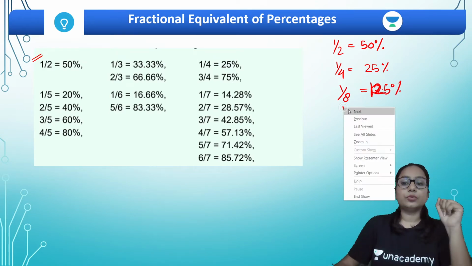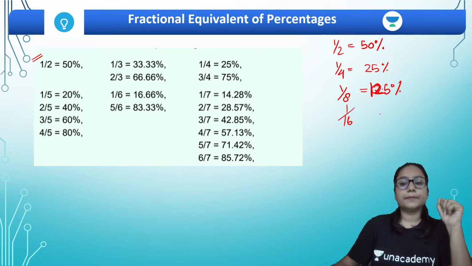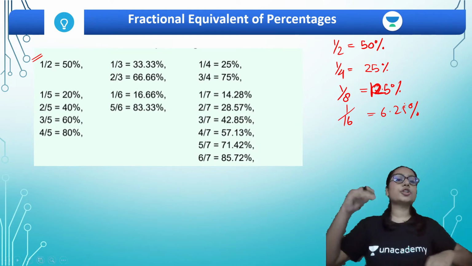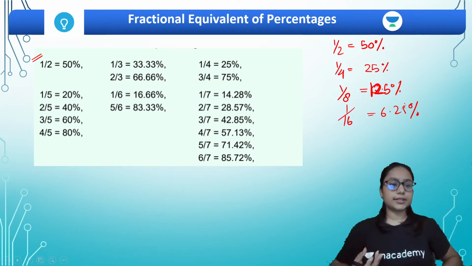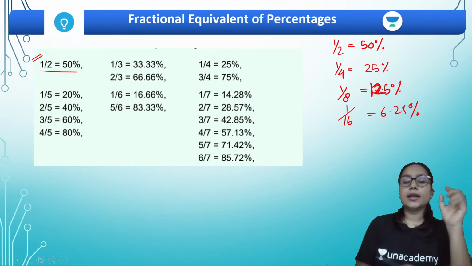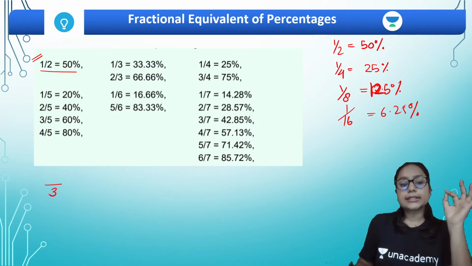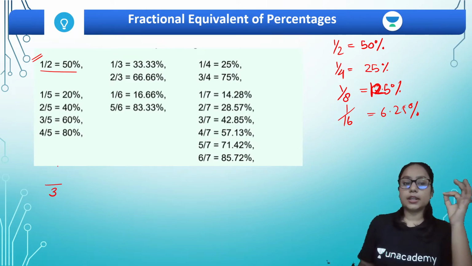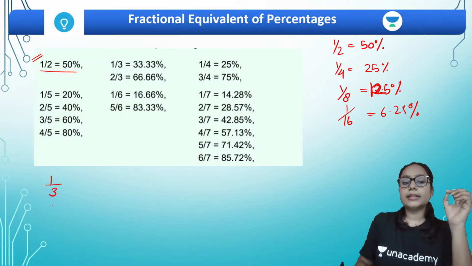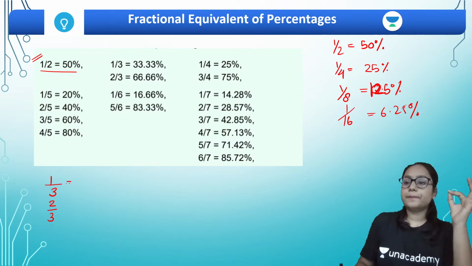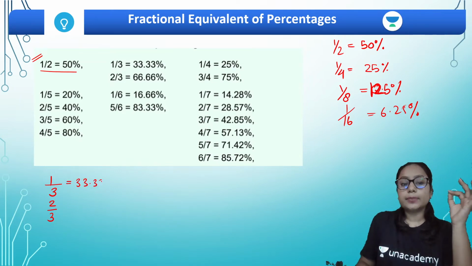Again divided by 2, what do you get? 1 by 16, this is equal to 6.25%. So this way also you can calculate the fractional equivalents. This is the way to learn. Now, if your denominator is 3, what are the possibilities for the numerators? 1 by 3 is possible and 2 by 3 is possible. 1 by 3 is equal to 33.33.